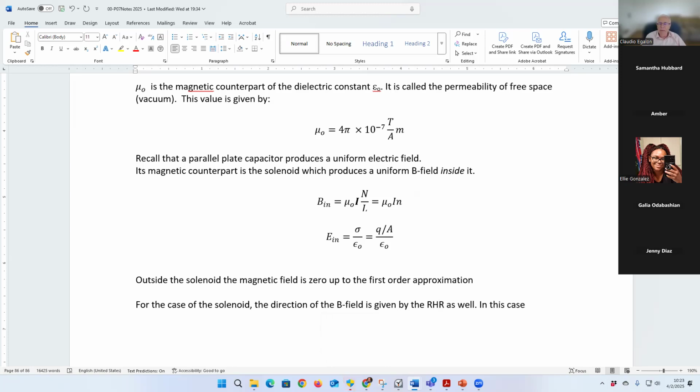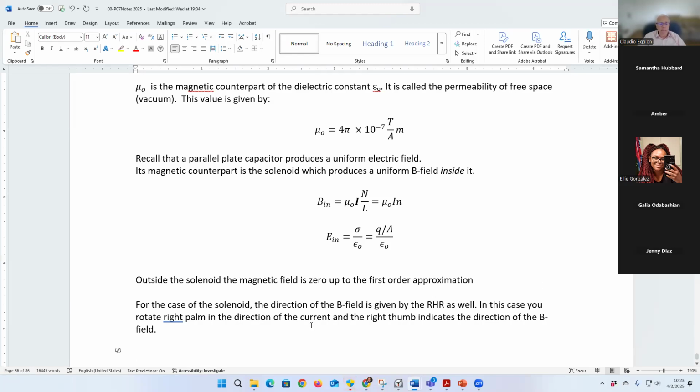In this case, instead of curl, you rotate your right palm in the direction of the current, and the right thumb indicates the direction of the B field, like that.